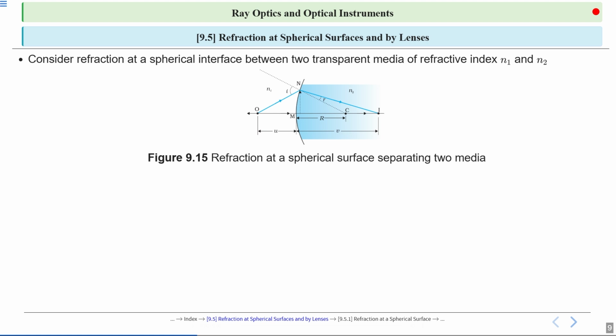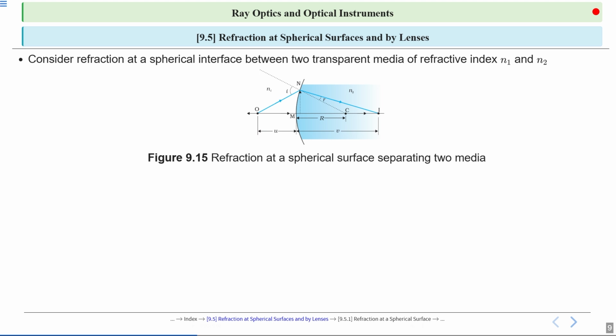Also, the aperture of this refracting surface is very small, meaning the effective diameter, so that we can assume this perpendicular from N lies very close to M. These are some assumptions while deriving.